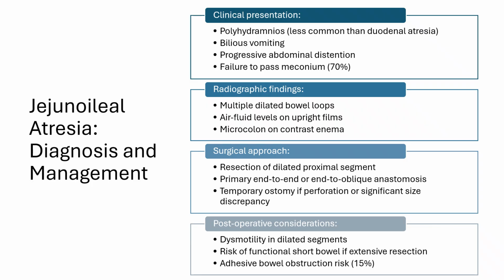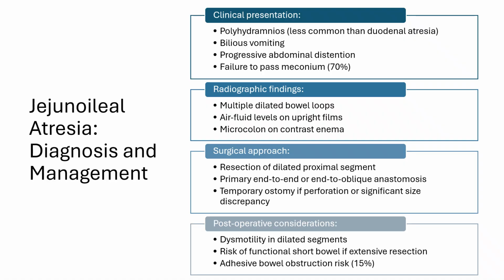Surgical management requires careful consideration of both immediate repair and long-term functional outcomes. The massively dilated proximal bowel segment demonstrates poor motility and must be resected back to normal caliber intestine. The significant size discrepancy between normal proximal bowel and the small distal segment typically necessitates an end-to-oblique anastomosis to prevent anastomotic complications.